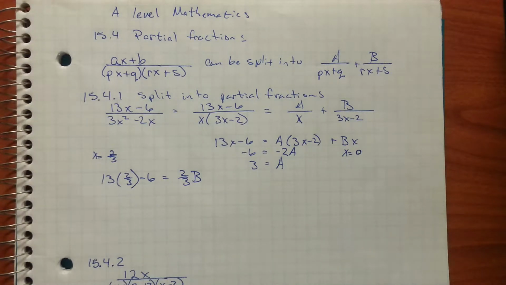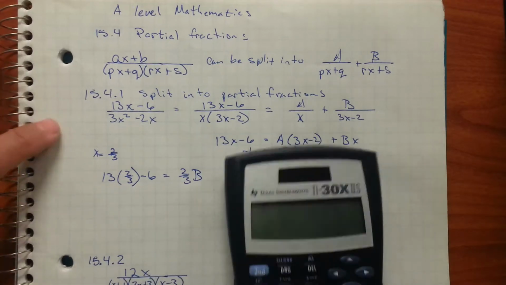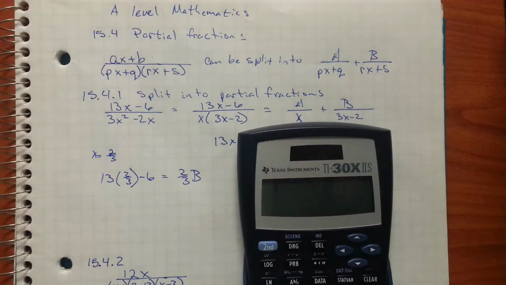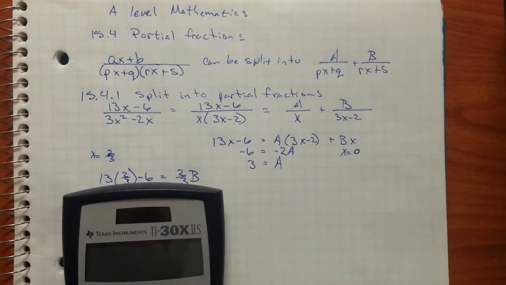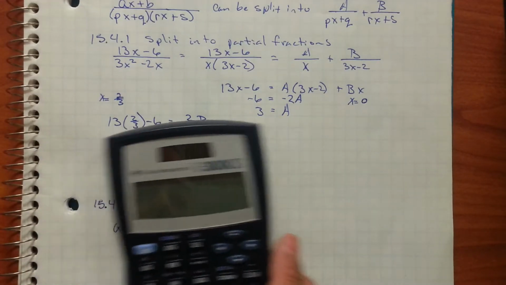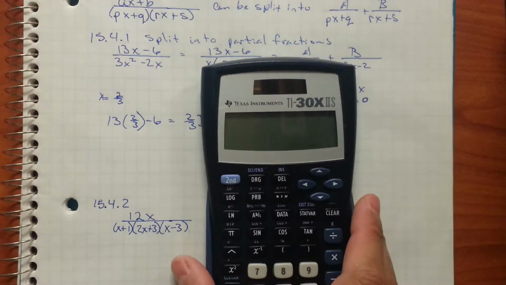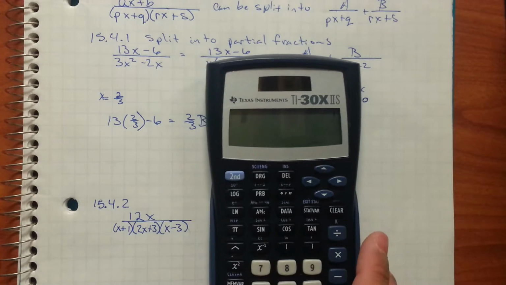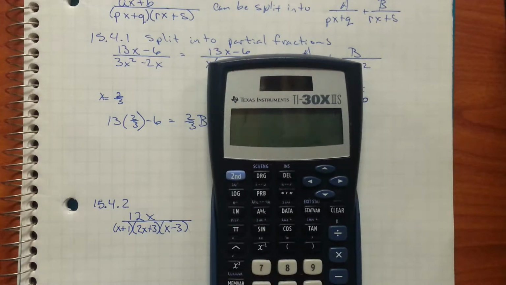Now I'm going to take my calculator and I'm just going to put this in. See if I can move this up a little bit, make it a little bit clearer. So now for this, I'm going to have 13 times 2 over 3, close, minus 6.